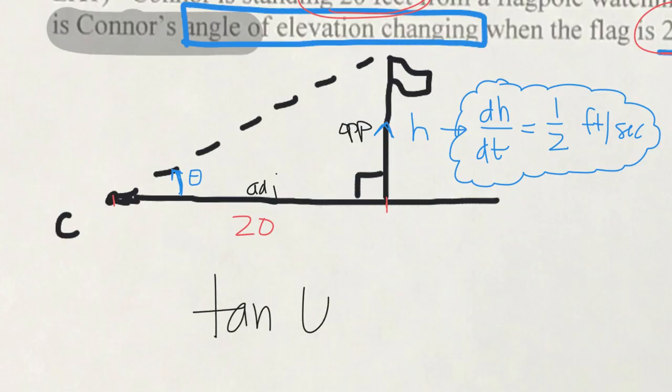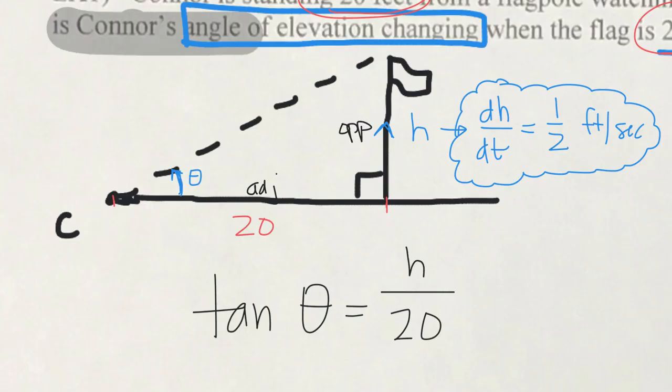So we're going to have a tangent ratio problem, and H, the opposite side, is changing. So that gets a variable, but the adjacent side is always going to be 20. Okay, so tan of theta equals H over 20. That's our equation that we're going to be taking the derivative of.